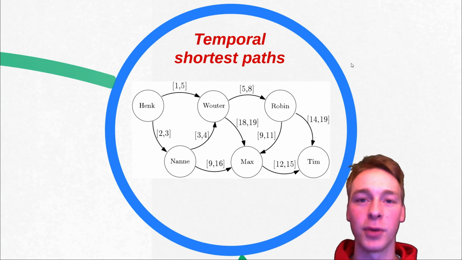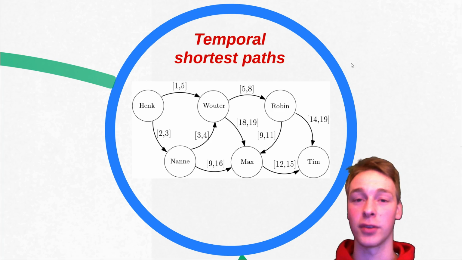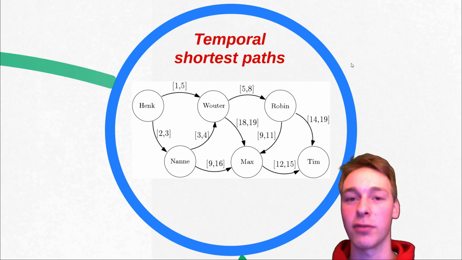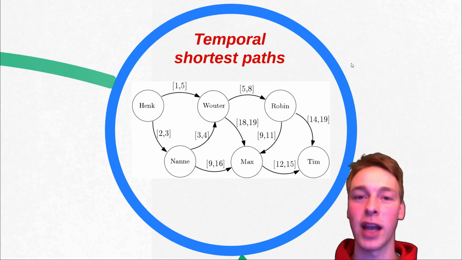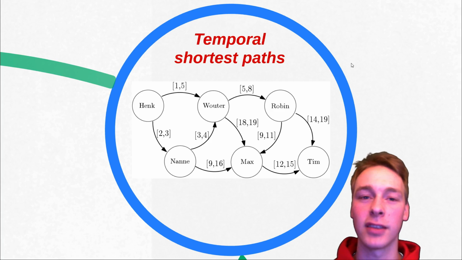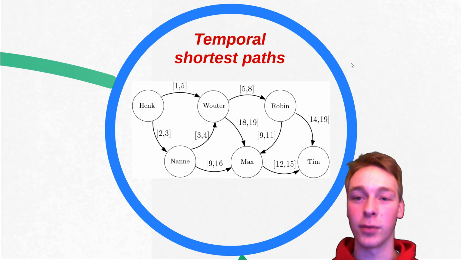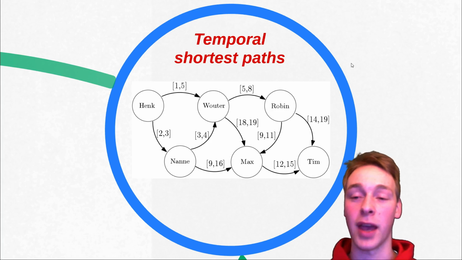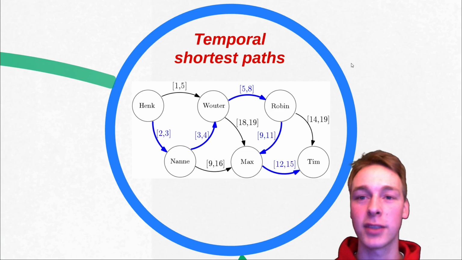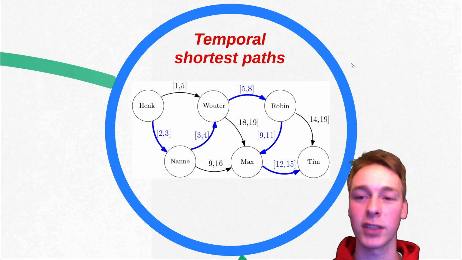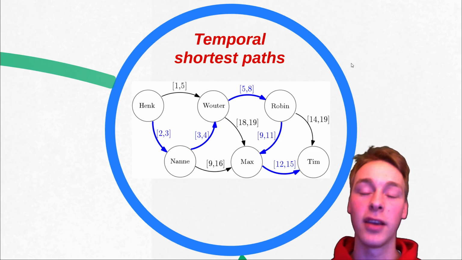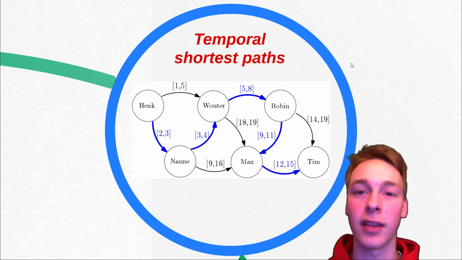For example, we can define short as the shortest amount of time that we travel, but we can also define short as the earliest arrival time, which means that, for example, when we look at the earliest arrival time from Henk to Tim, we get this path and the time 15, because that is the earliest possible time that Henk will be able to arrive at Tim.